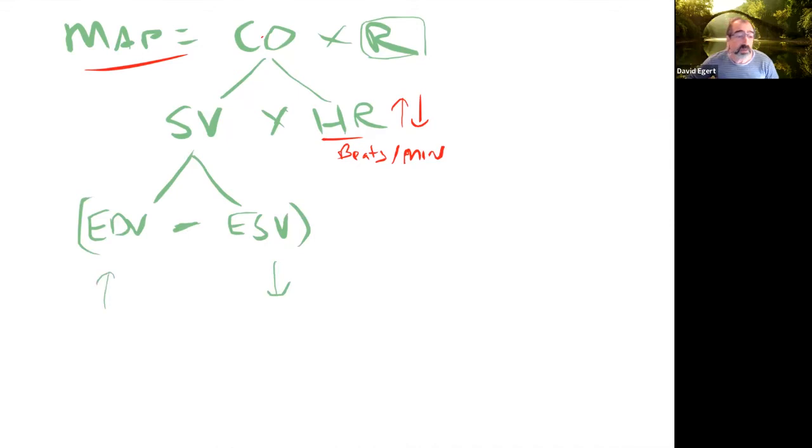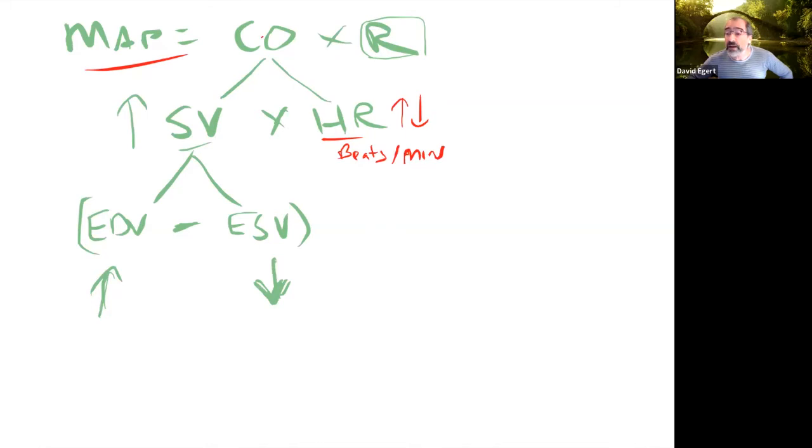If you have more blood to start at the beat, there'll probably be more blood coming out by the end. If you squeeze harder and more blood gets squeezed out by the end of the systolic contraction, you'll also have increased this stroke volume. So if I want this to go up, I can either put this up or put this down.